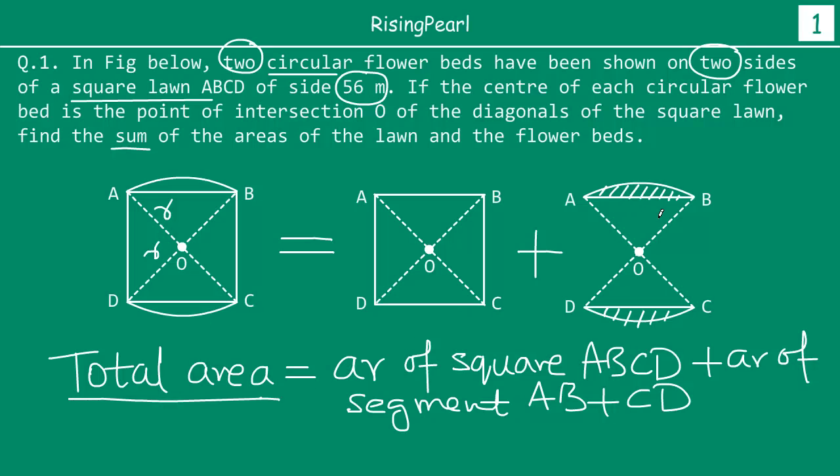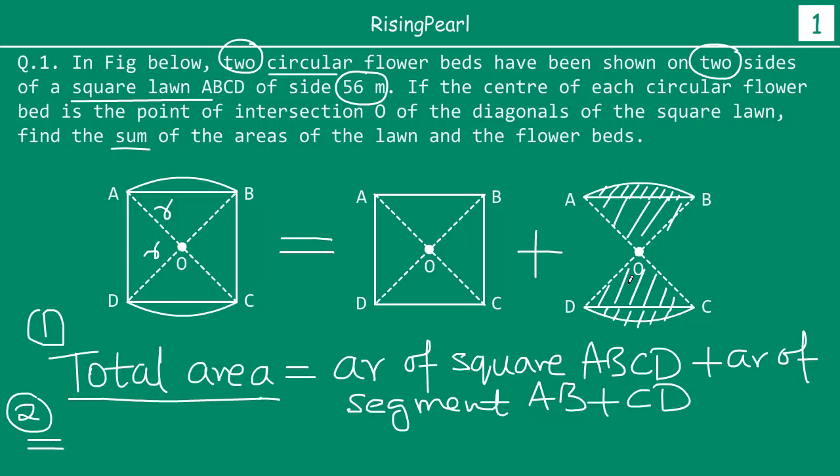But if you don't want to write it in terms of the segment, you could also write the total area differently. Let's give ourselves some more space. So this is the first way of writing. The second way of writing the same total area is to think about the area of the entire sector. We have two sectors here, right?